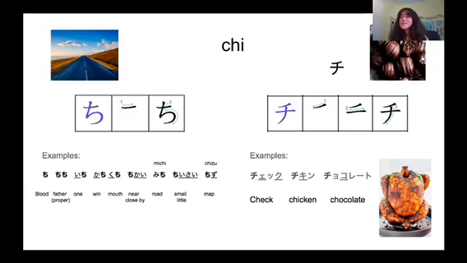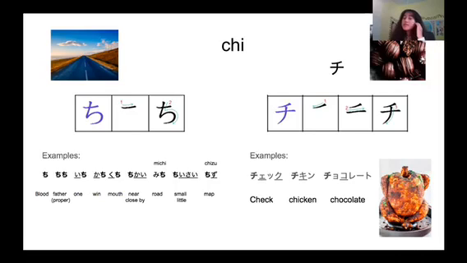Another way you can say father would be otosan, but if you're introducing your father, then you would say it in this way. Win, 勝ち; mouth, 口; near or close by, 近い; and then michi for road; small or little, 小さい; and then chizu for map.